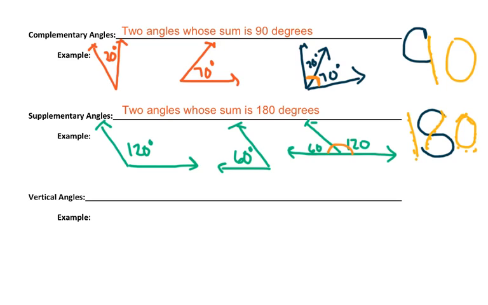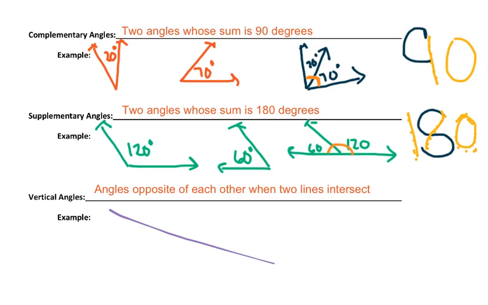Alright, the last vocab word that we have to cover on here is vertical angles, and those are angles that are opposite of each other when you have two intersecting lines. Now, a common misconception with vertical angles is that vertical typically means on top, straight up and down. Vertical angles don't have to be on top of each other. So let me show you two intersecting lines.